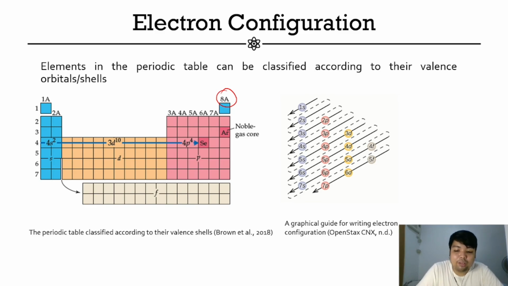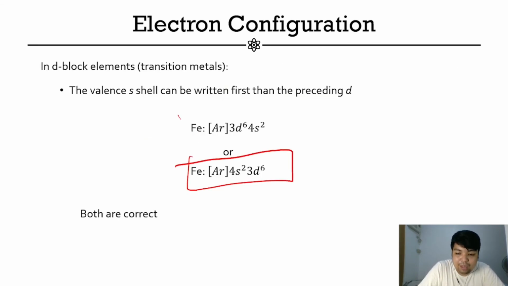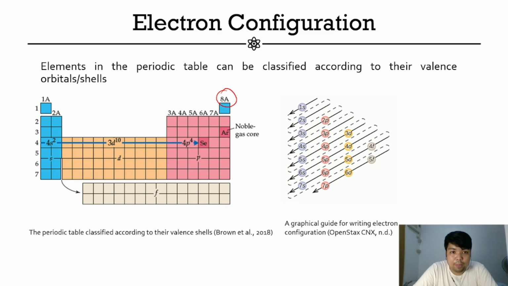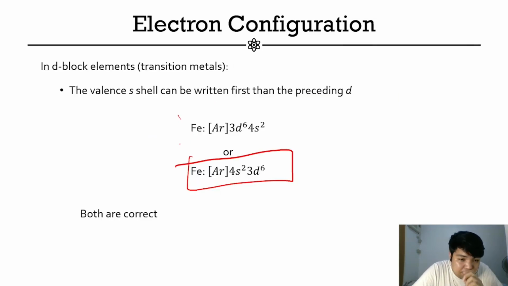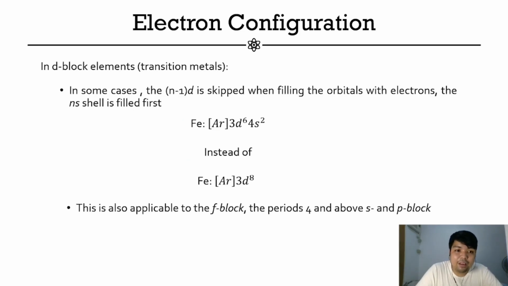So in the d block elements, the valence shell, ideally, should be written in this manner, based on our comprehensive guide. However, there are some cases where it could be written like this. Both are correct, but the more preferable configuration will be this one here. In some cases, for example in iron, iron will have this electron configuration.